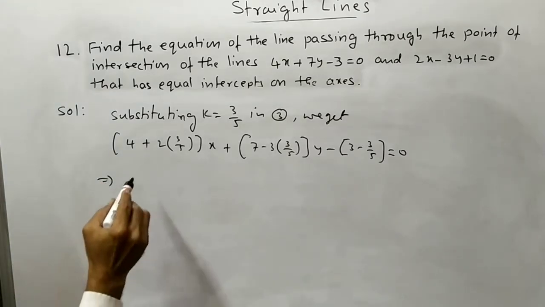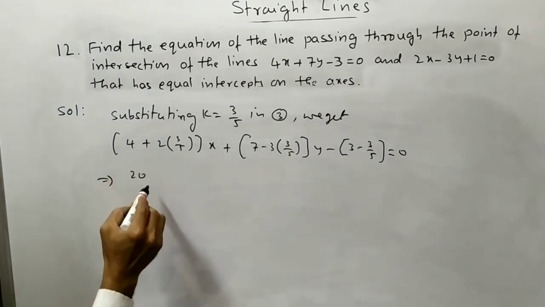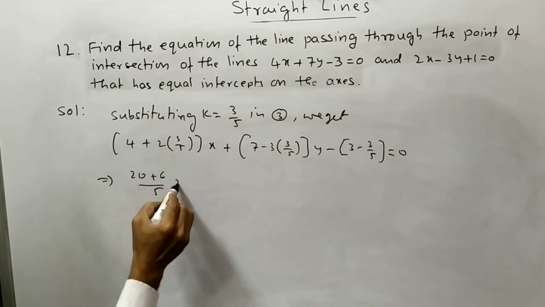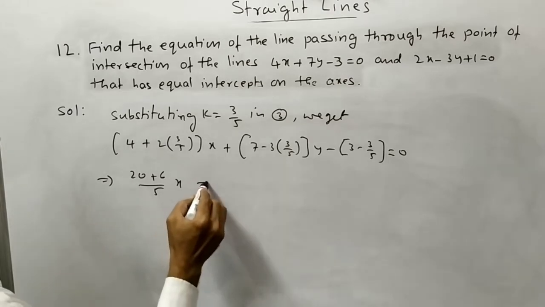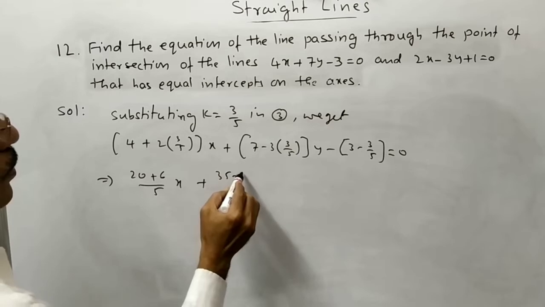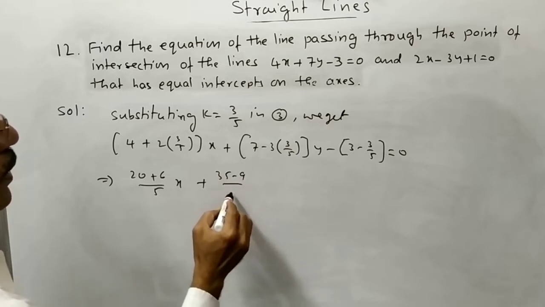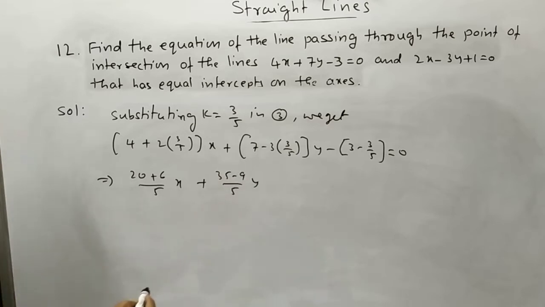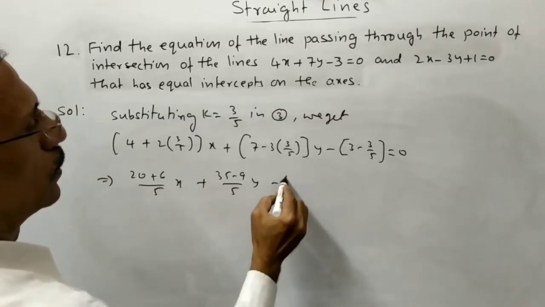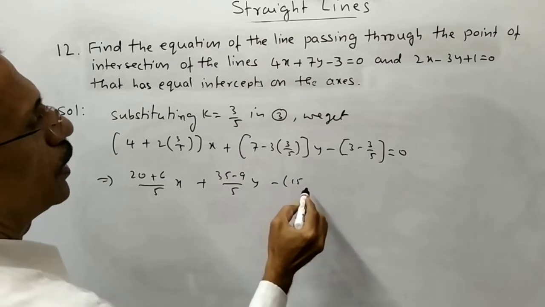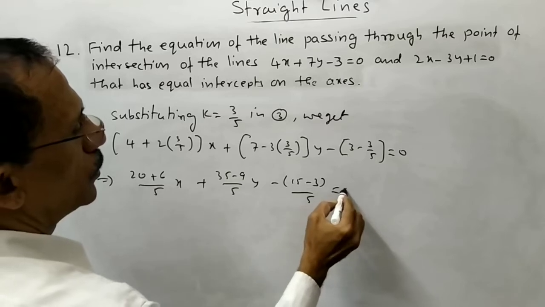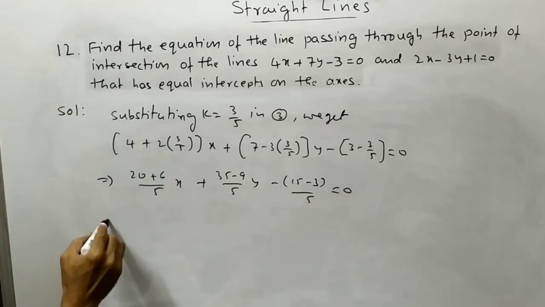This implies 20 plus 6 divided by 5 into x plus 35 minus 9 divided by 5 into y minus 15 minus 3 divided by 5 is equal to 0.